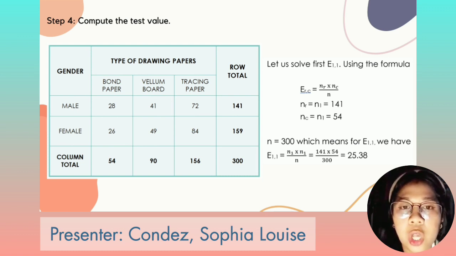So now let us solve. The expected frequency 1, row 1 is equal to the number of rows, 141, times the number of columns, which is 54, over the total number. So now let us substitute. 141 times 54 over 300 is equal to 25.38.